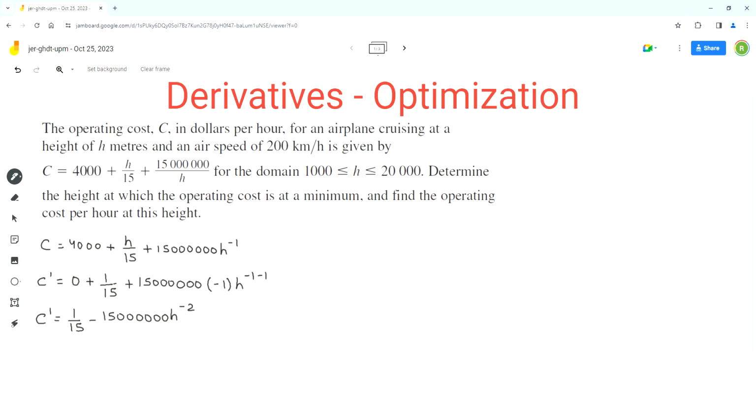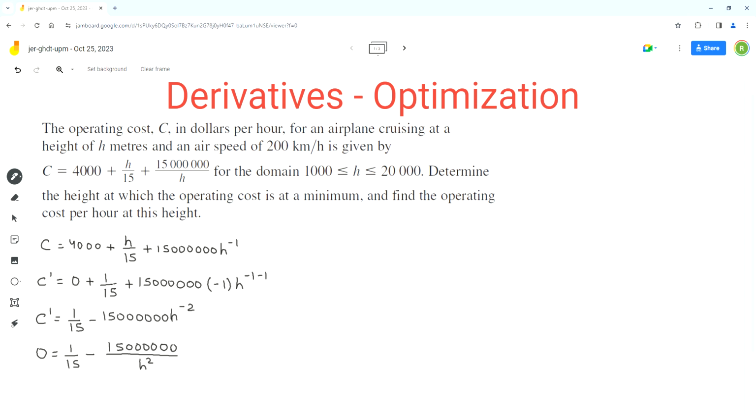Now we have to find the h values at which the derivative is equal to 0. So we'll set C prime equal to 0 and we have to solve for h. Now in the second term, we can move the h to the denominator to make the exponent positive, over h squared.